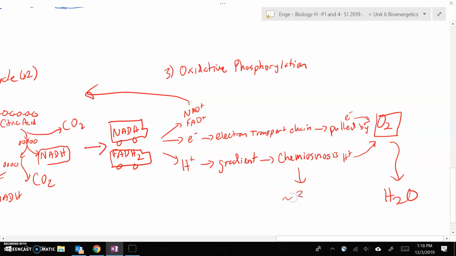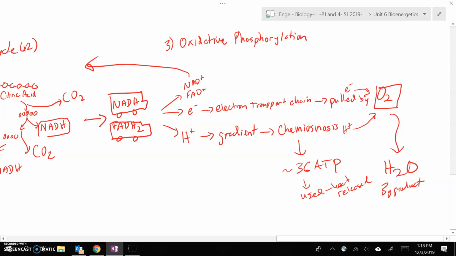Chemiosmosis forms roughly 36 ATP. And what you end up with is ATP and water. Water's your byproduct. ATP used, heat released, energy is gone.